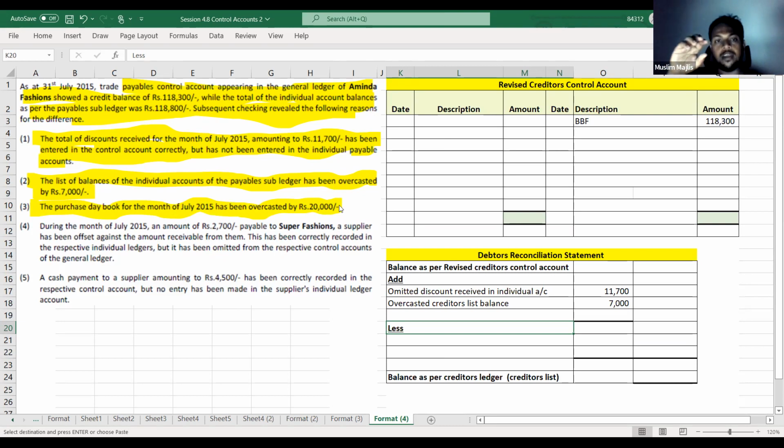Day book total is more. If the day book total is overcasted, where do you record purchases? Purchases on the credit side. So if it is more, we have to deduct the overcasted purchases. This will debit overcasted purchases.